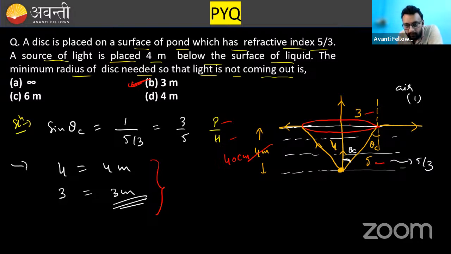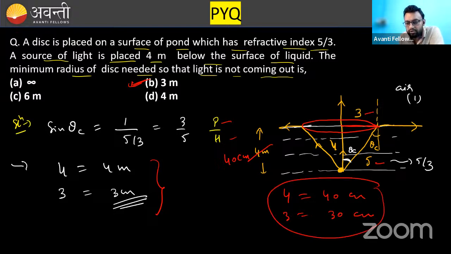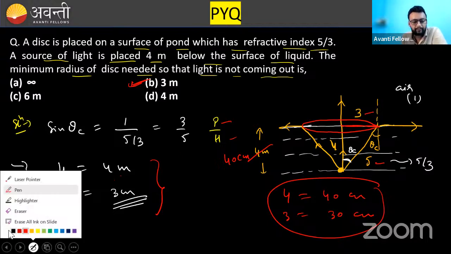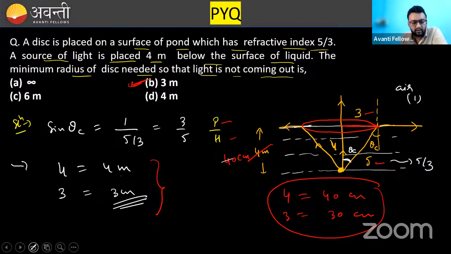So according to my calculation, this distance is 4. That means this distance is 4 and it is given as 40 centimeter. And we need to calculate this one, which is 3. So 3 will be 30 centimeter. That's how we approach. Here, 4 is equal to 4 meters. So 3 will be equal to 3 meters. That's what I did. This is the simplest way to solve these situations.